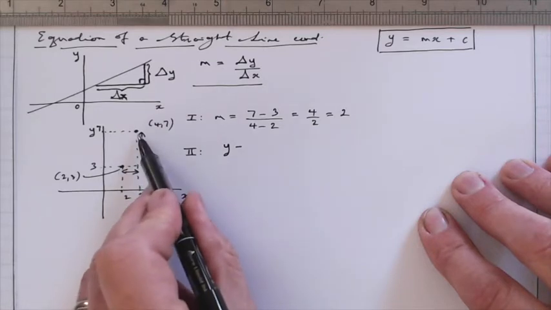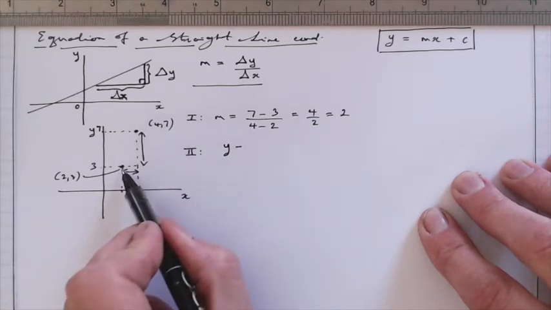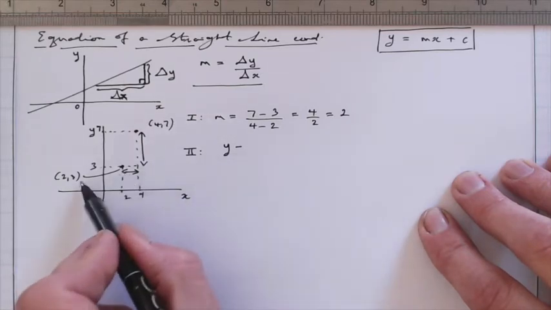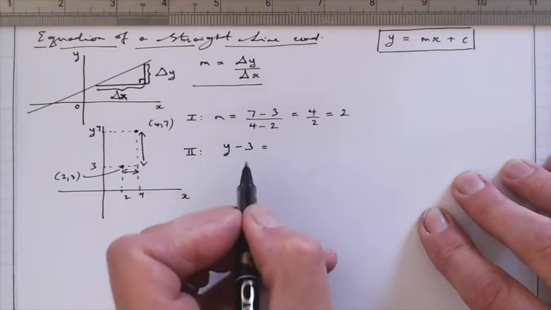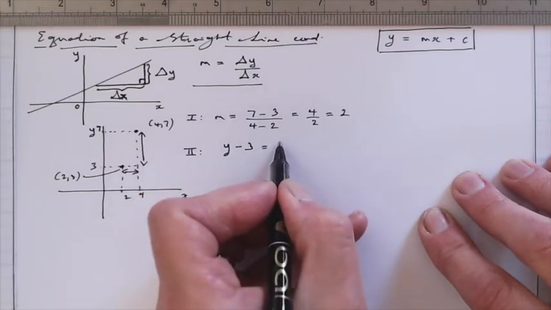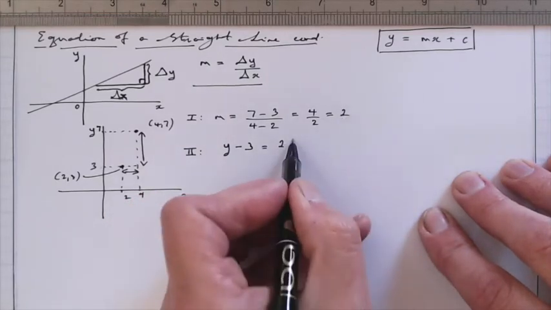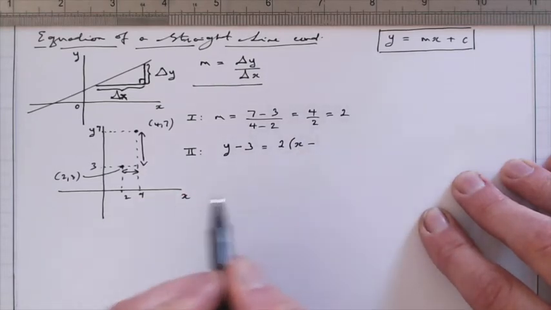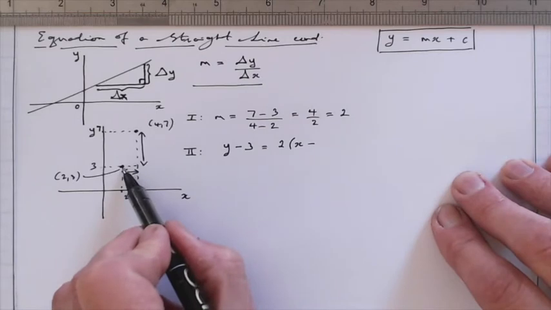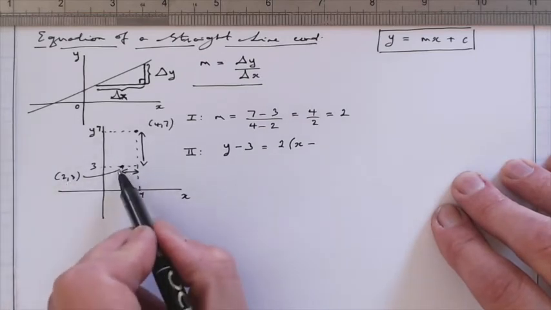You could choose that one, but I always choose the left point for the second step. So y, take away the y value of this point, which is 3, equals the slope, which in this case is 2, all multiplied by x, take away with the same point its x value, which is 2. Okay.